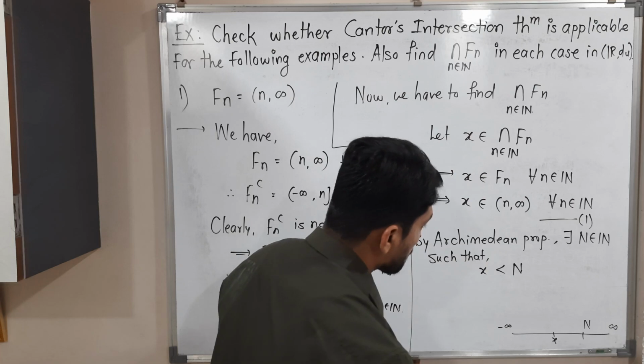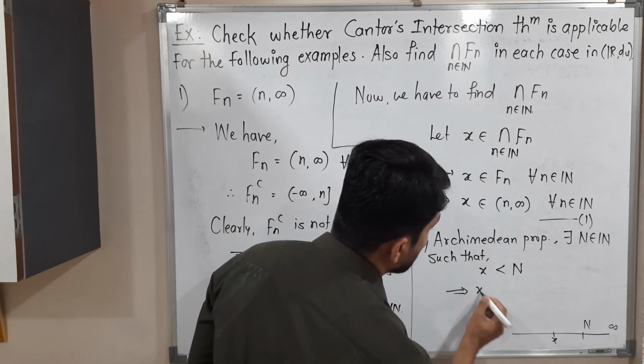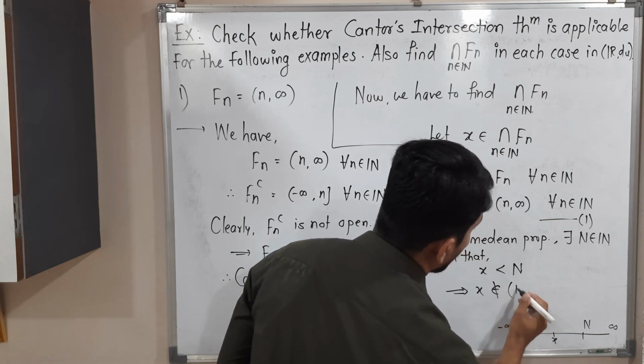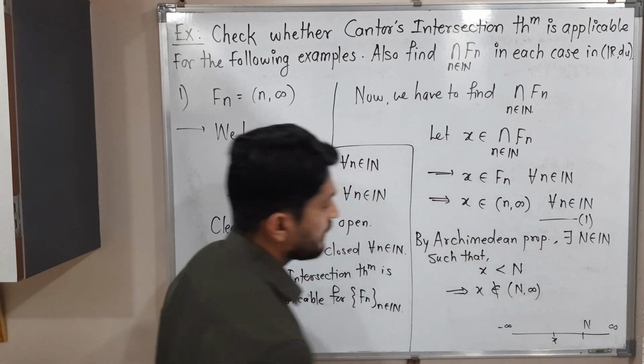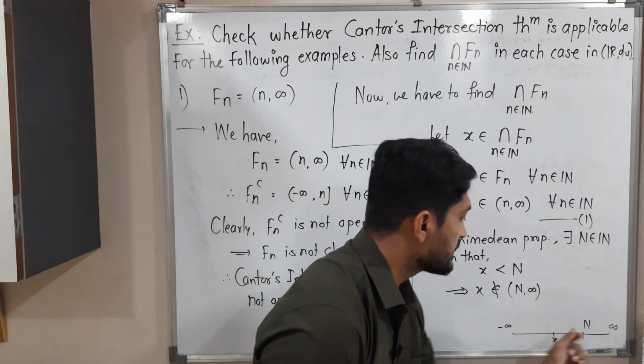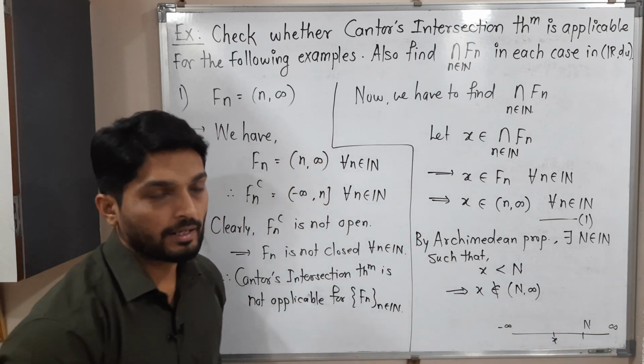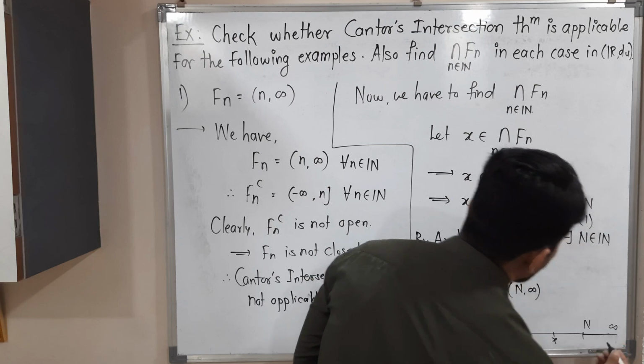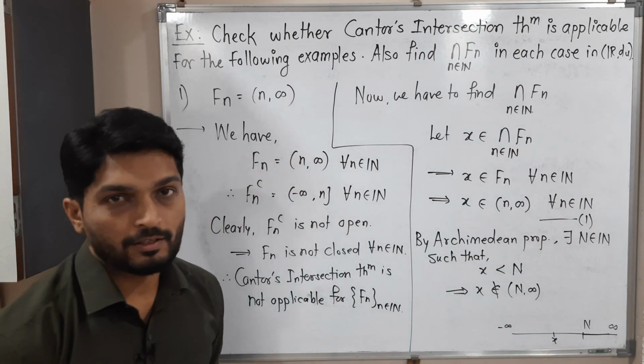So obviously that x does not belong to this interval n comma infinity. Getting? It does not belong to this interval, since x lies on the left hand side of n and that interval lies on the right hand side of n. So that's why x does not belong to that interval.